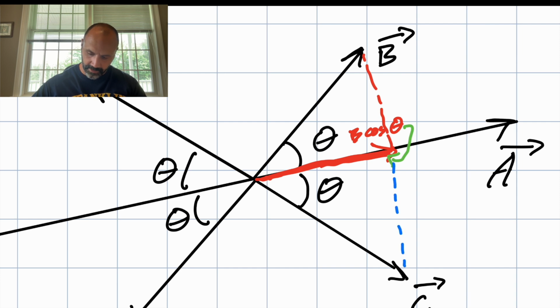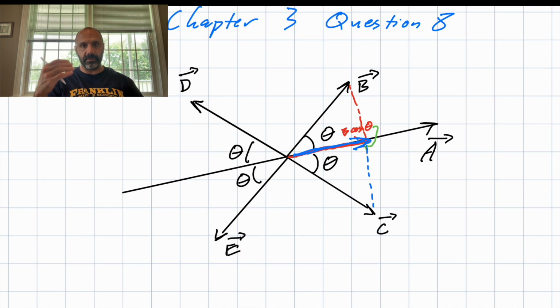I've tried to copy this accurately from the textbook. But B cosine theta and C cosine theta are both going to give you this same arrow. And so that means that vector B and vector C are both going to give you the same dot product when dot producted with A.